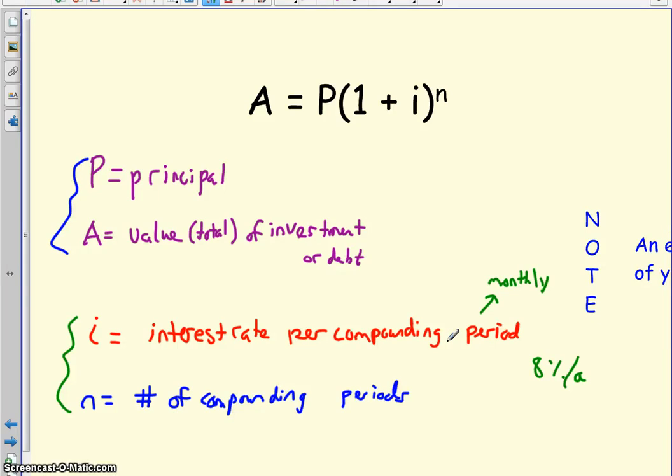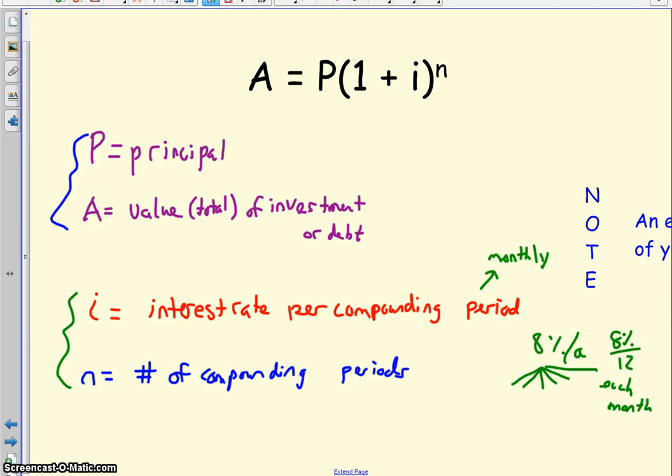What they actually do is they take this 8% and they spread it over the 12 months that you have. So instead of 8% every month, you're going to have 8% divided by 12 given every month. So when you talk about the interest rate per compounding period, you're not just taking the annual interest rate, you're going to divide it by the number of times per year you get the interest.